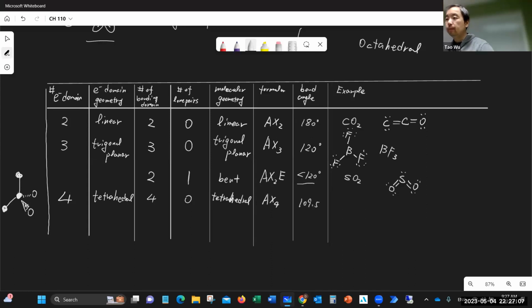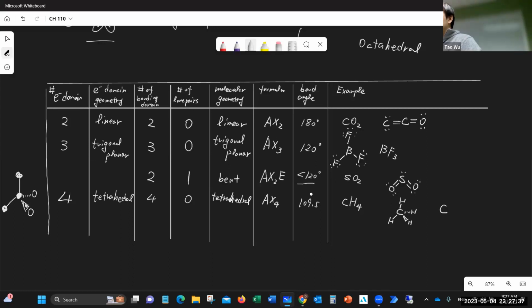This is the bond angle, 109.5. One example is methane. In methane, the carbon has 4 bonds. This is the bond angle, like this.